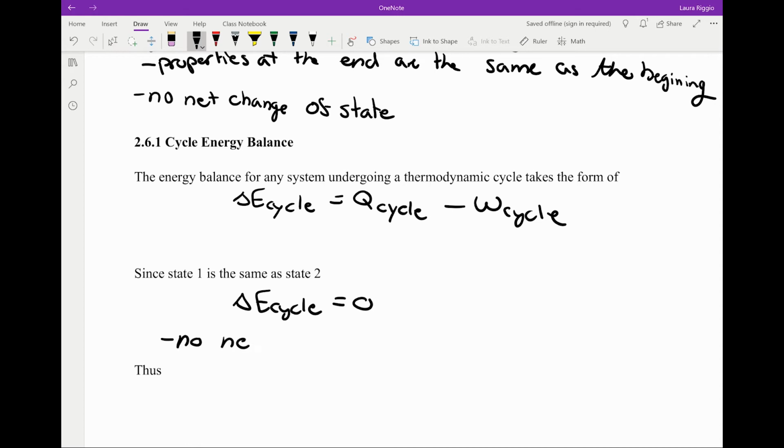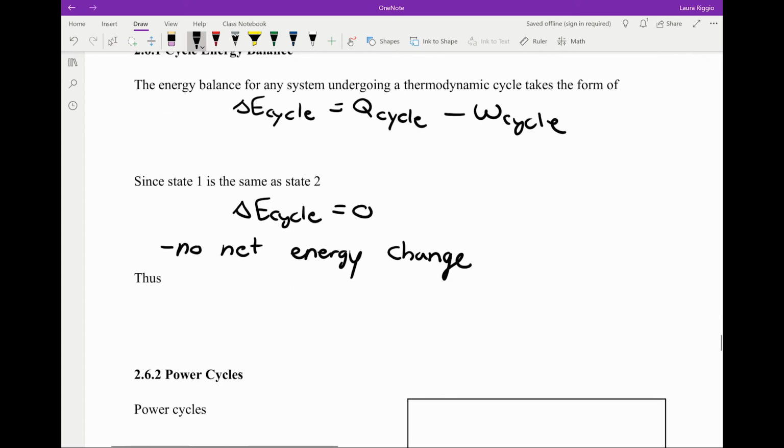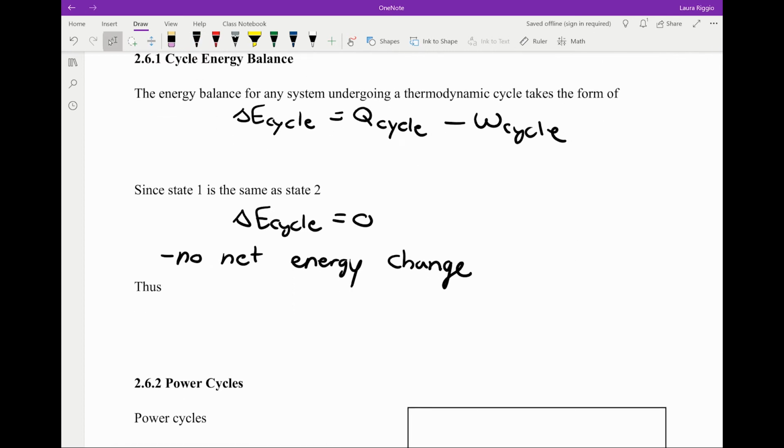Again, that means there's no net energy change. We can have an energy change in the processes, but for the entire cycle, there's no net energy change. So that tells us for a cycle, our net work is equal to our net heat transfer. That's actually a way you can check your problems.